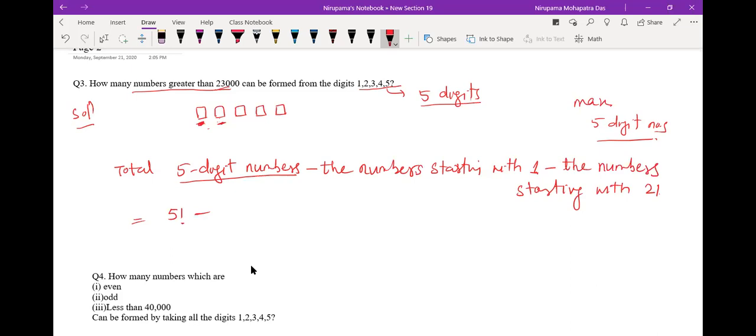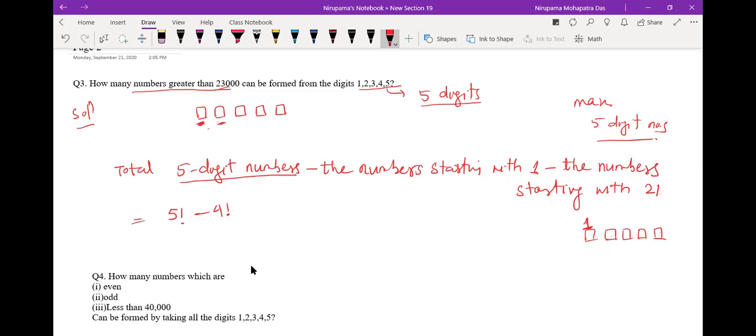If you have 1 here, 1 is fixed, so you have 4 places and the remaining 4 digits. That can be done in factorial 4 ways.